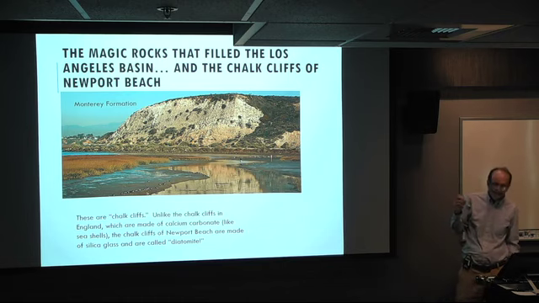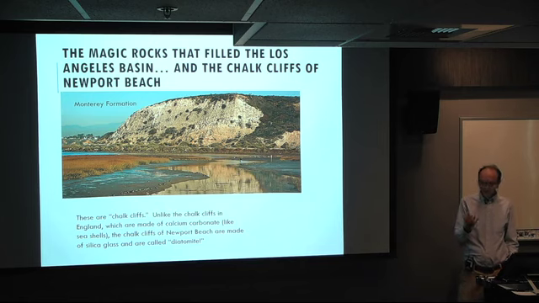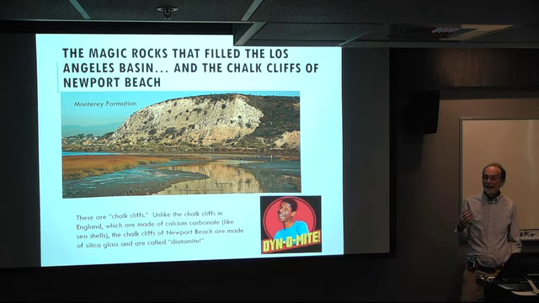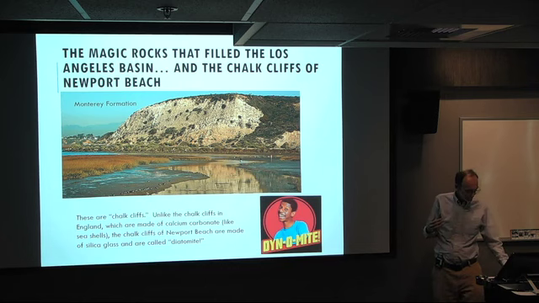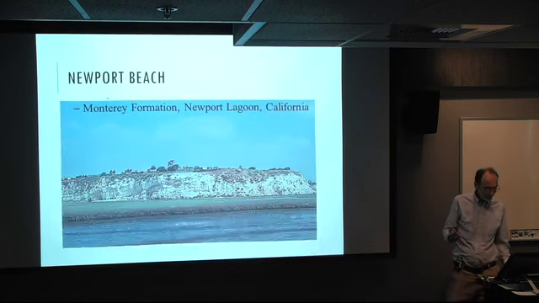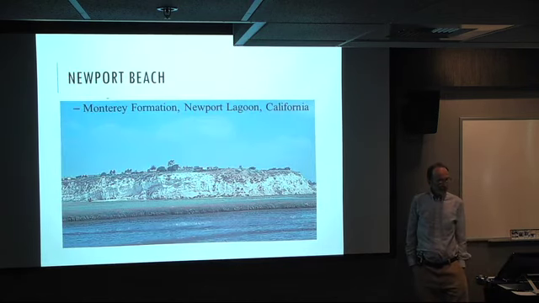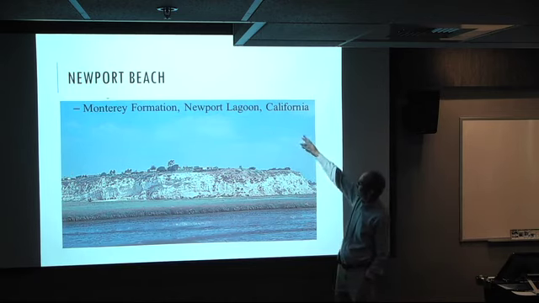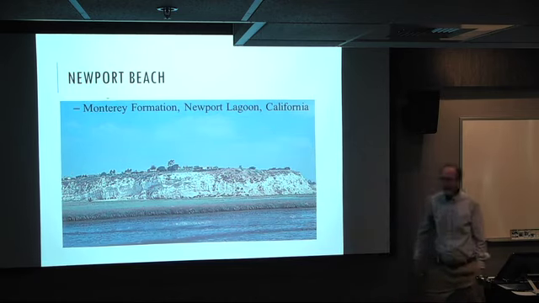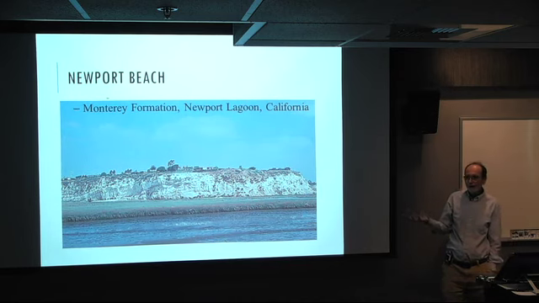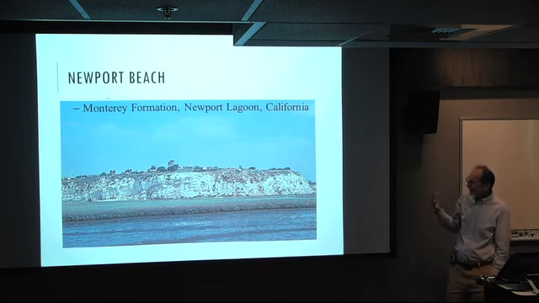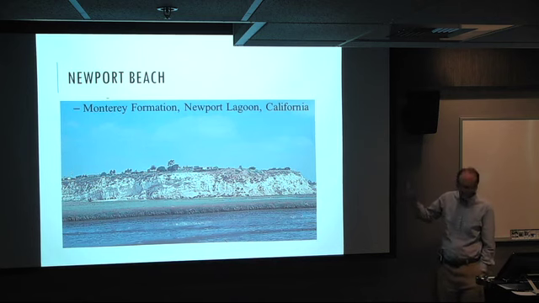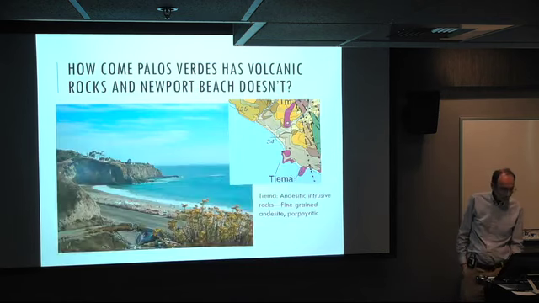Now, diatomite, if you say it wrong, sounds like dynamite. But diatomite. All right, so here's the Monterey Formation, Newport Lagoon, California. So again, this diatomite is in the Monterey Formation. It's a chalk, and we can see it in the back bay.